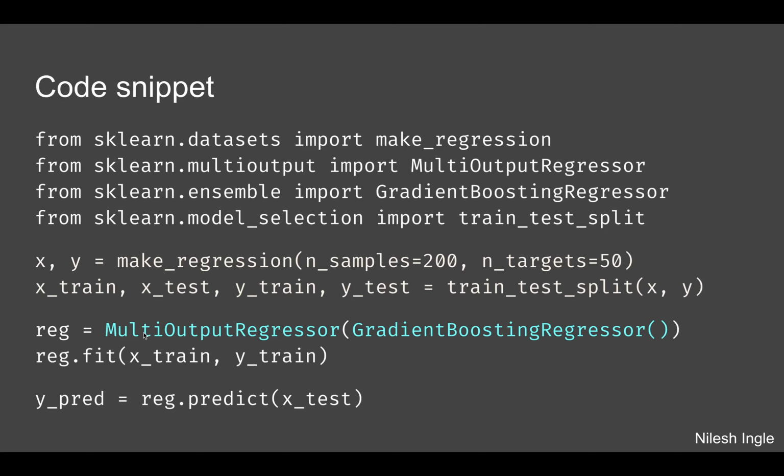We fit the MultiOutputRegressor on the X-train and Y-train, and then predict on the X-test. This is the estimator that I've used here. You have the choice to use any estimator that may work on the type of data that you're trying to find answers on.